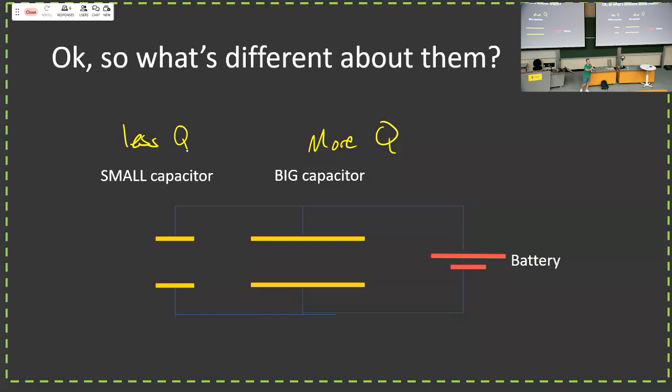And as someone correctly points out, we should have a way of expressing how much charge you can shove on this thing for a given amount of voltage. How much charge does this thing have the capacity to store? What's it called?